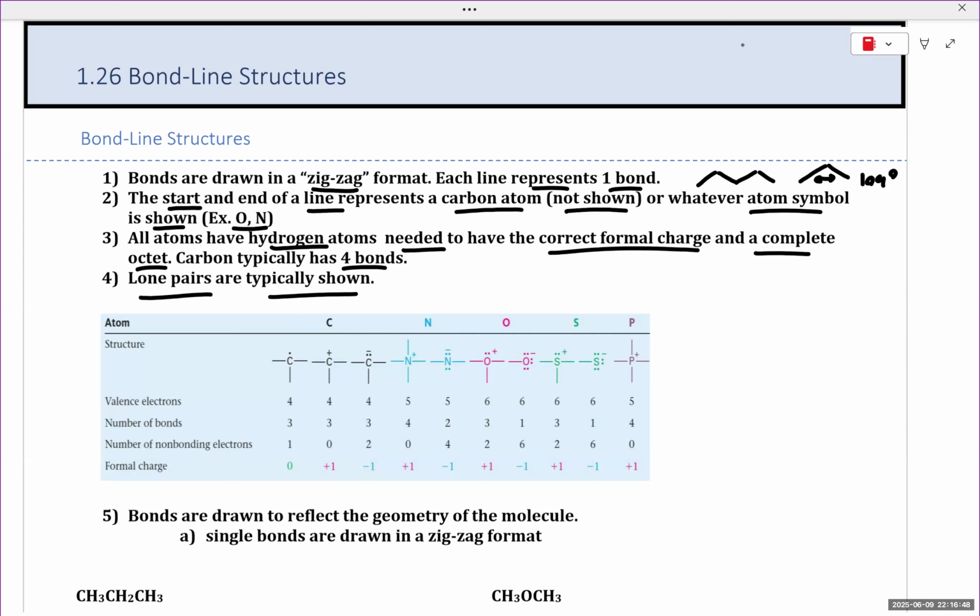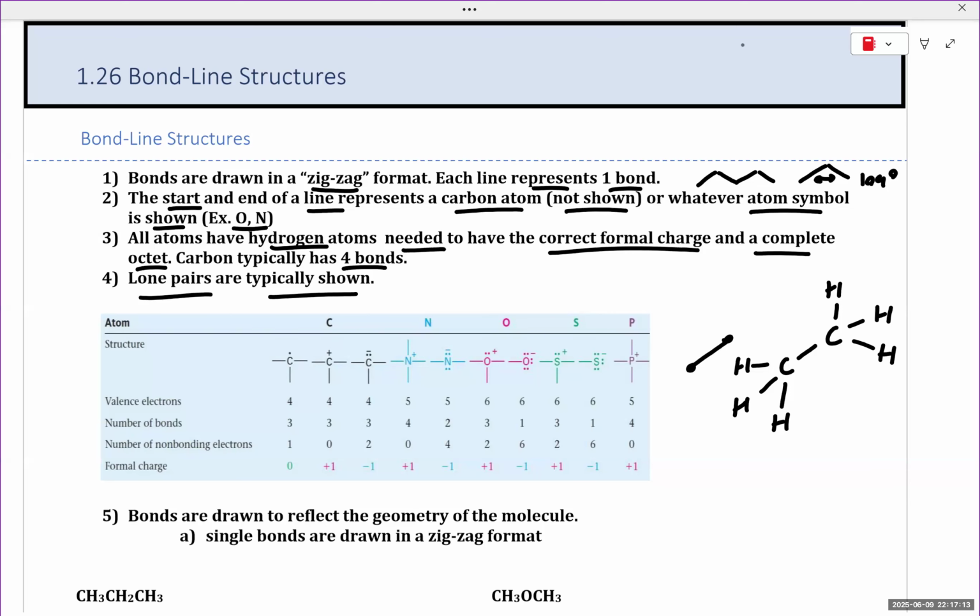So, for example, if I drew this line here, each point on the line would represent a carbon. By the same token, each carbon atom would have sufficient implied hydrogens to fulfill its octet. So that line that we've drawn would represent 2 carbons, each bonded to each other with 3 hydrogens attached to each carbon.